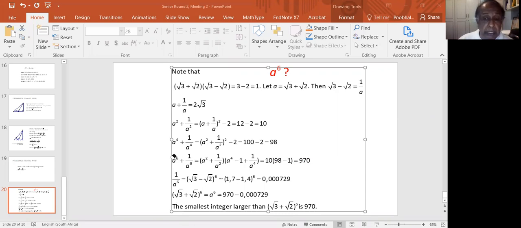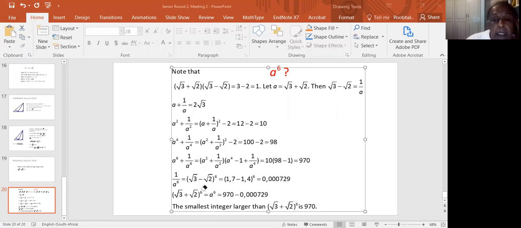And we really need to calculate only an approximate value for a to the power of 6. Now, if you analyze what 1 over a to the power of 6 is, you get quite an interesting story, because 1 over a to the power of 6 is root 3 minus root 2. There's 1 over a. 1 over a is that. So 1 over a to the power of 6 is this raised to the power of 6.